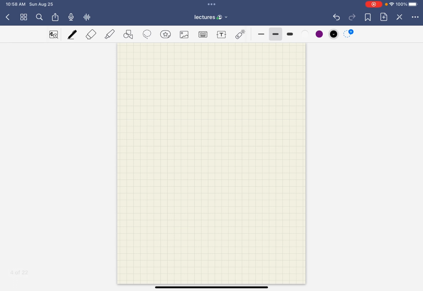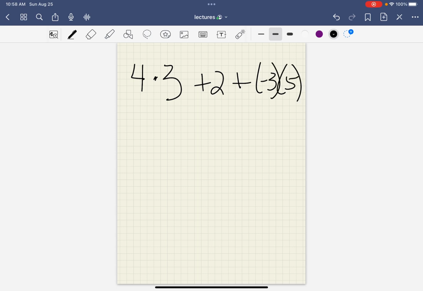So this first example says 4 times 3 plus 2 plus negative 3 times 5. Okay, so I know it's please excuse my dear Aunt Sally, but these right here don't really count as parentheses because there's not an operation inside of them.